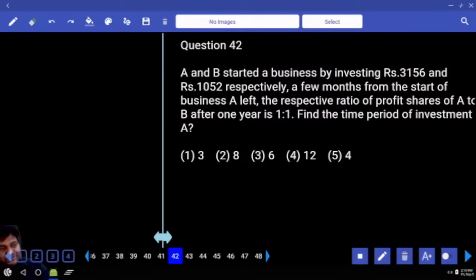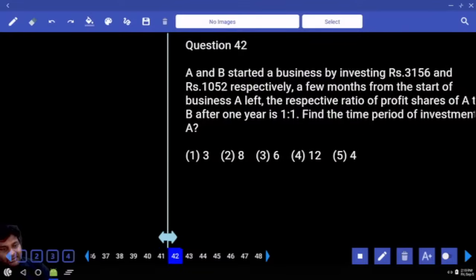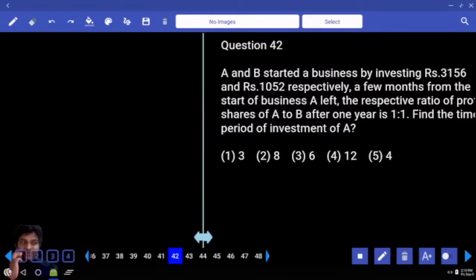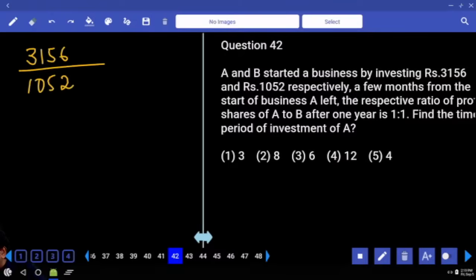A and B started a business by investing 3,156 and 1,052 respectively. A few months from the start of the business, A left. The respective ratio of profit share of A and B after 1 year is 1:1. Find the time period of investment of A. 3,156, 1,052, it is in thousands.